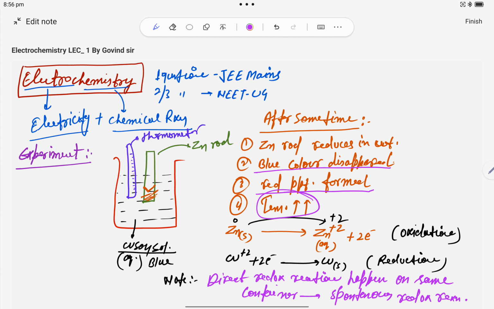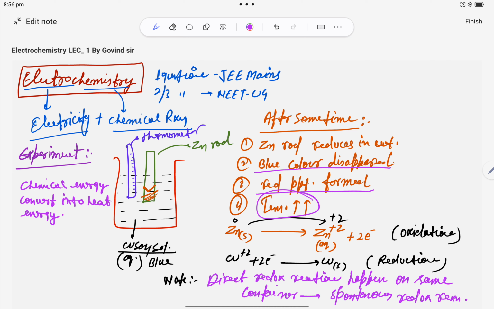So that means during this process, a chemical reaction happens. That means chemical energy is converted into heat energy.